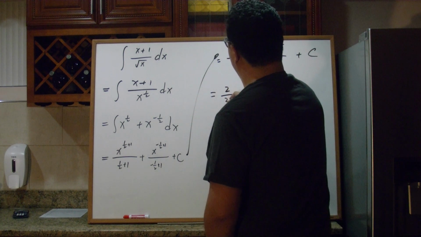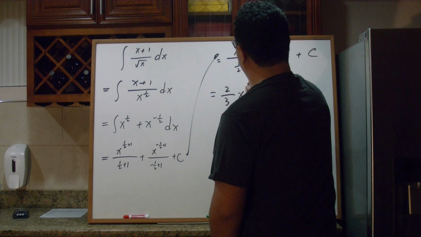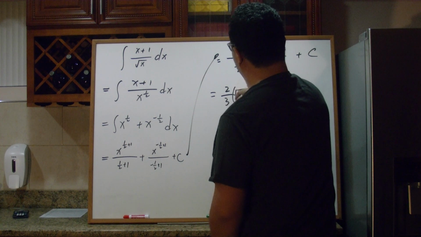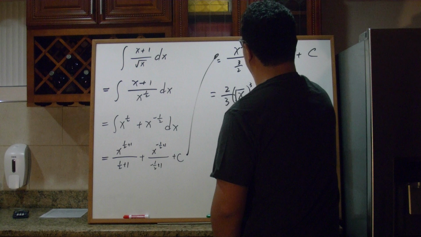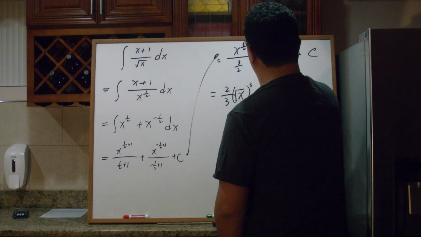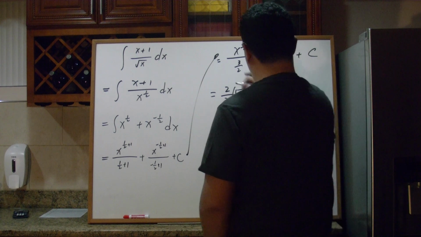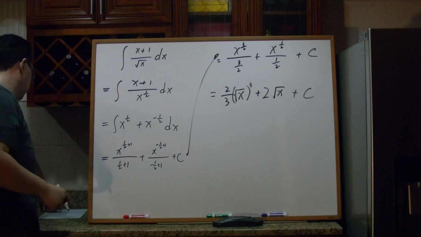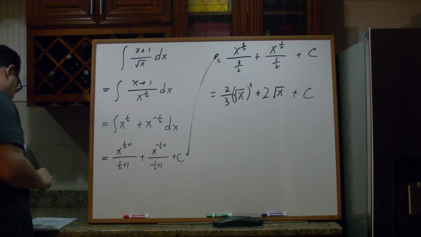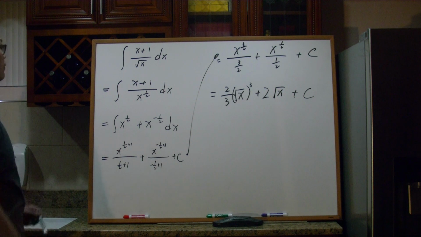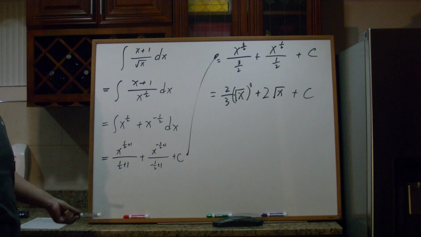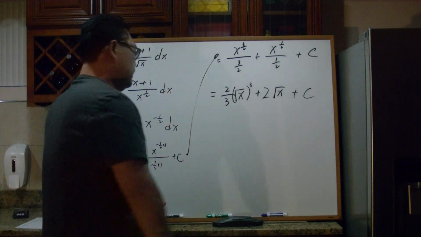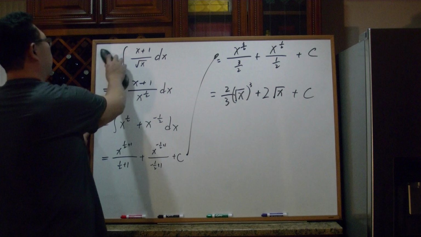Now we get 2/3 x to the 3/2, or the square root of x to the 3rd power if you want to write that, and twice the square root of x. So that's the indefinite integral, mainly using the power rule, and how we do that.